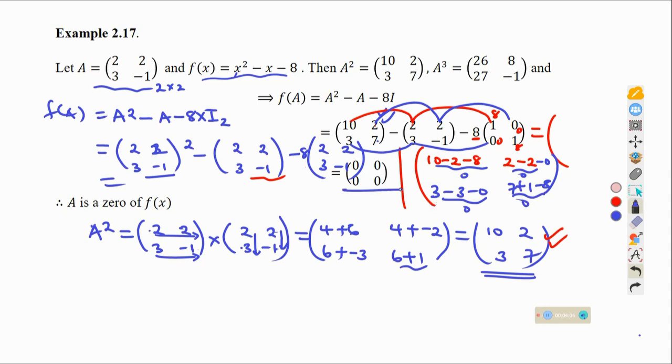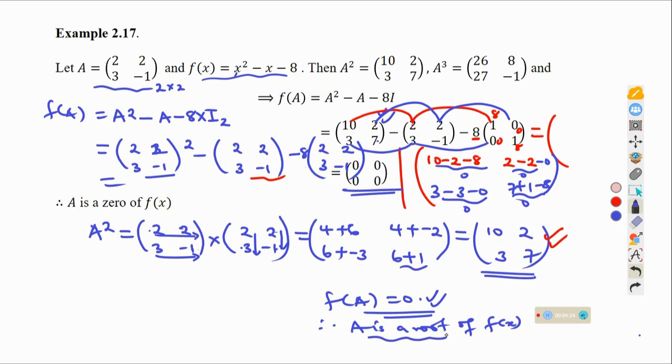So for that case, you are obtaining your f of A as 0. So if you obtain this, clearly we shall have to conclude that A is a root of f of x, or else you can say A is a zero of f of x.